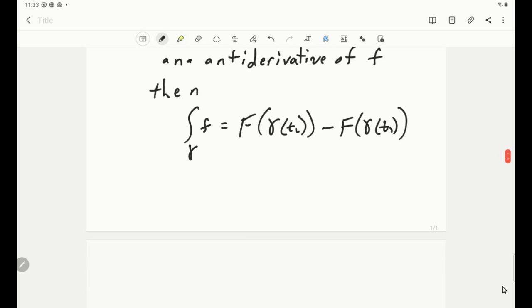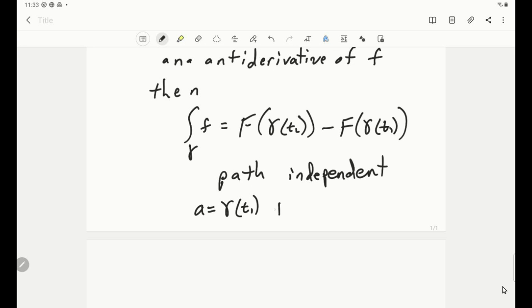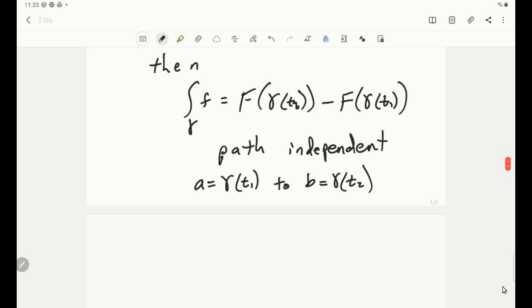Okay, so it's path independent. Any path from A equal gamma of T1 to B equal gamma of T2, any such path, a nice piecewise smooth path, this says gives you the same answer.